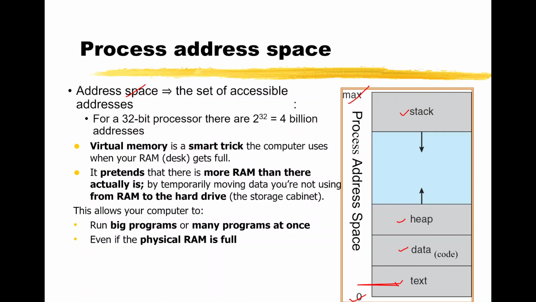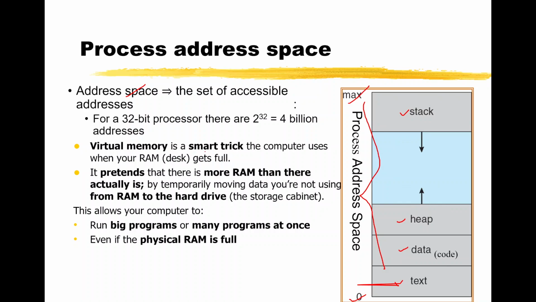So we have the address space, which is a set of accessible addresses. As I've said earlier, for a 32-bit processor, there are 4 billion addresses. So between 0 and max, there are 4 billion addresses in this example here.